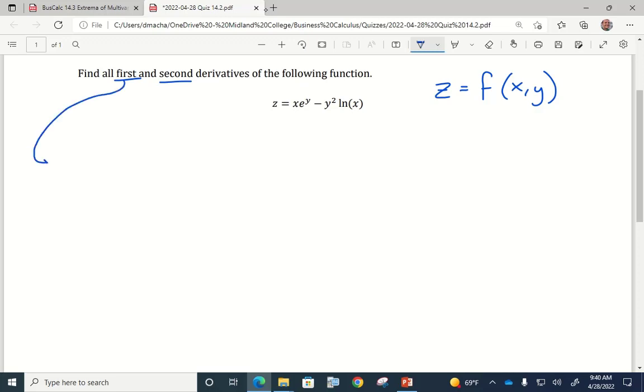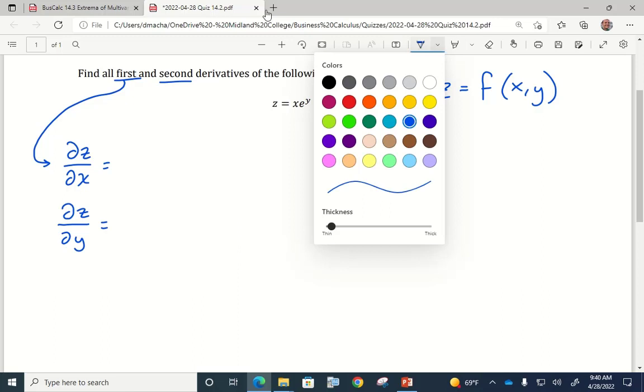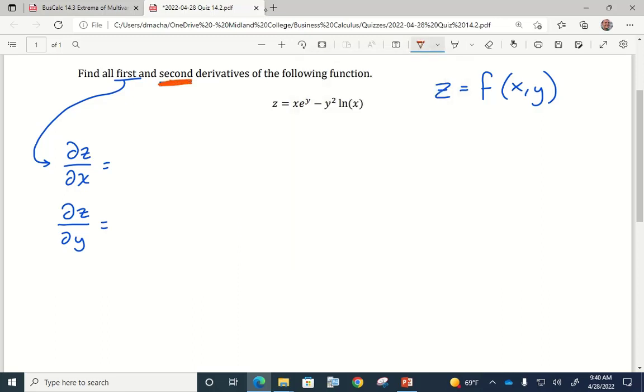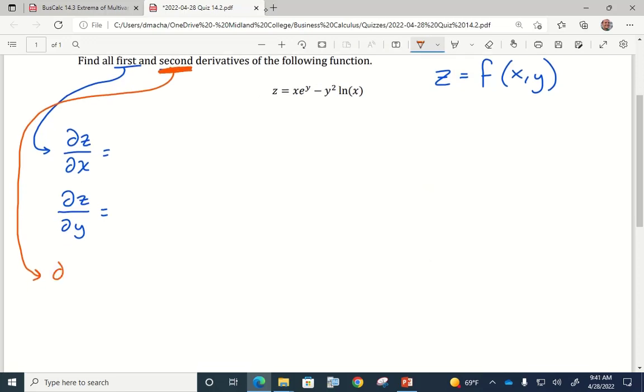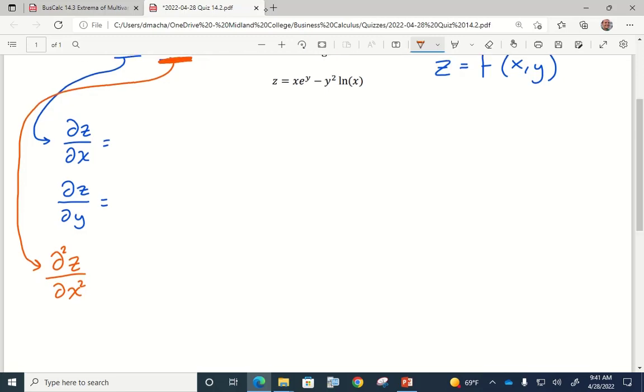Whenever I'm asking for the first derivatives, what I mean is, what is the first partial derivative of z with respect to x? And what is the first partial derivative of z with respect to y? Then whenever I ask for the second derivative, I mean the second derivative of z with respect to x, and then also the second derivative of z with respect to y.